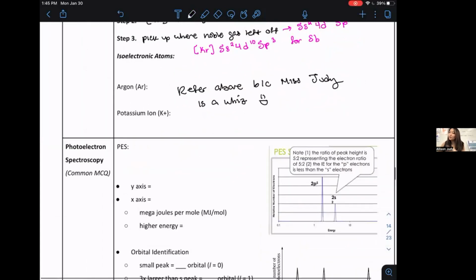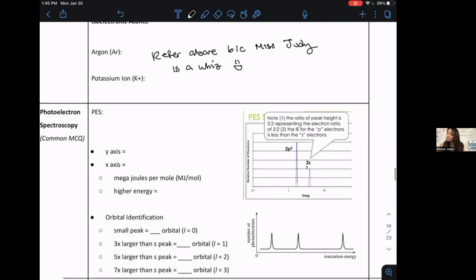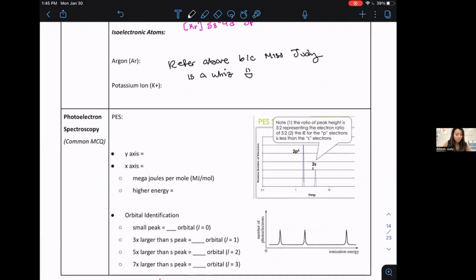Okay. So how do we electronically prove that this is real? Where are the instrumentations? Where do we do this in lab? It's called a photoelectron spectroscopy spectrum. This is a very common MCQ. So what we say with PES is that we bombard a sample of an atom, typically unknown, because the idea is that you're discovering something about it, with a bunch of energy. We just shoot it with a laser.